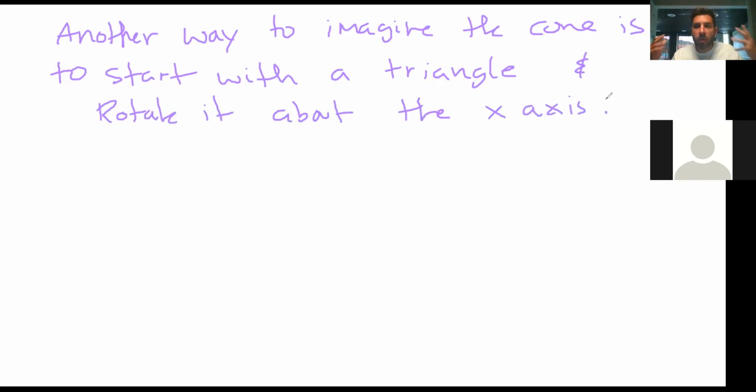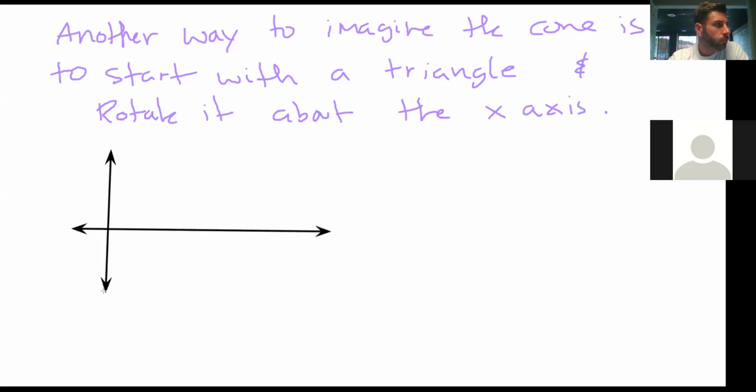Notice I'm using the word imagine. So let me sort of illustrate what I mean by that. So once again, I take my xy axis, and what I'm going to do now is I'm going to draw a triangle.